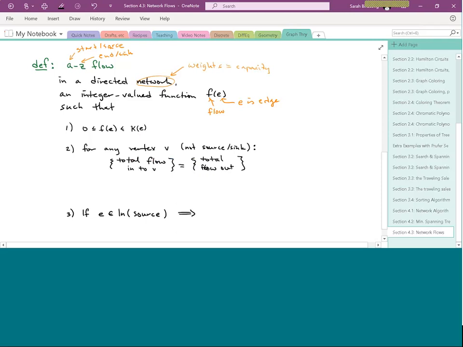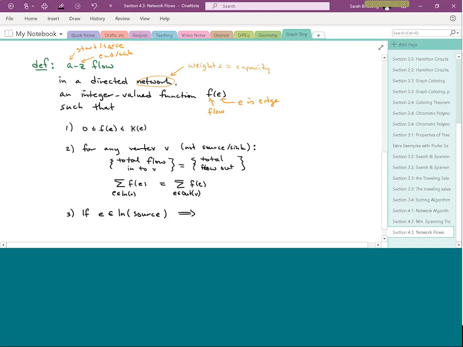To put it in actual mathematical symbols, this would be the sum of the flows, where e are the edges that are coming in to your vertex v, and that has to equal the sum of the flow of the edges that are going out of your vertex.